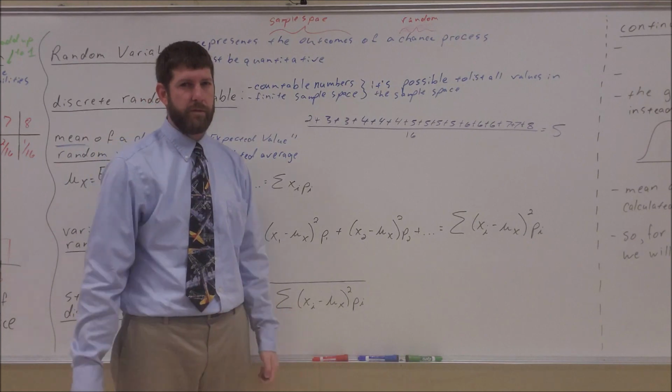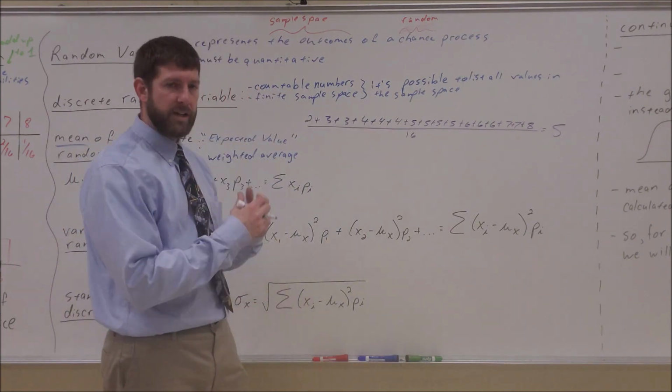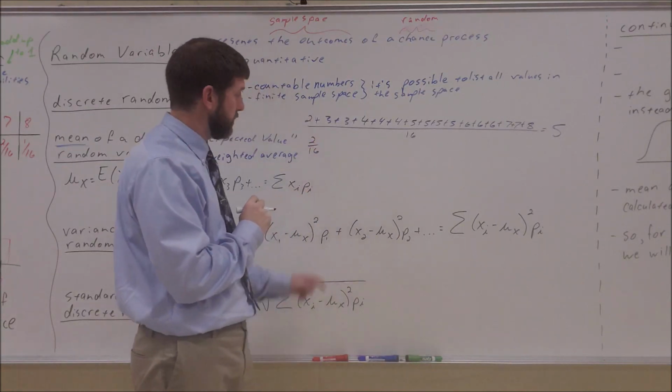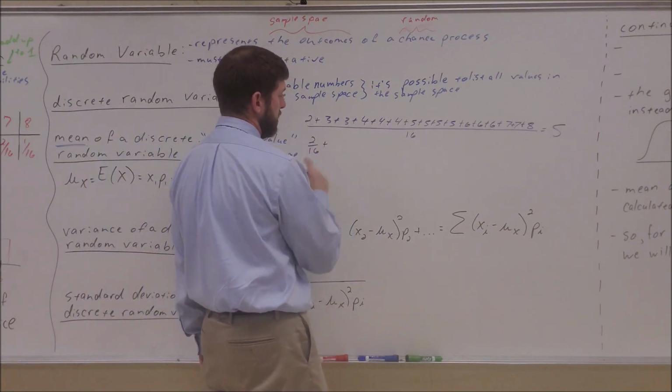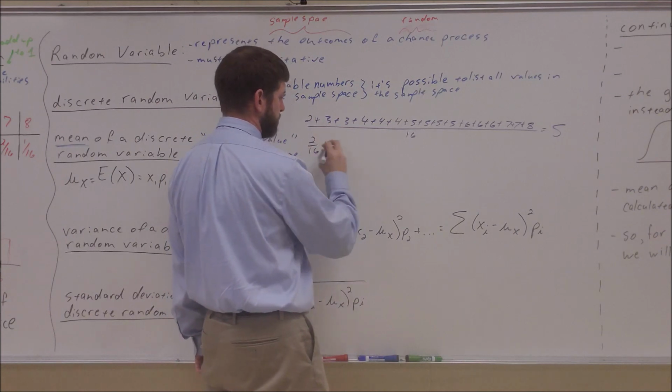Let's see if we can abbreviate this process a little bit, because there's a lot of repetition in here. So if I separate it out, I've got 2/16, right? I've got 3/16 twice, correct?